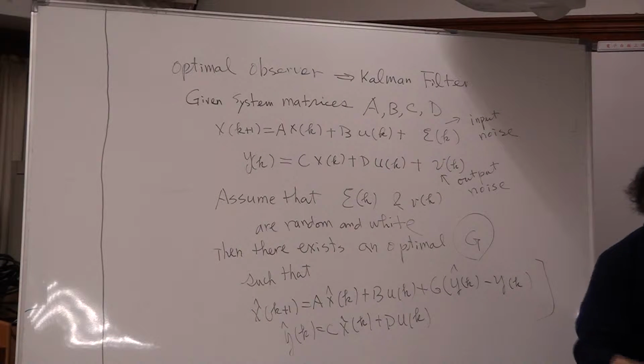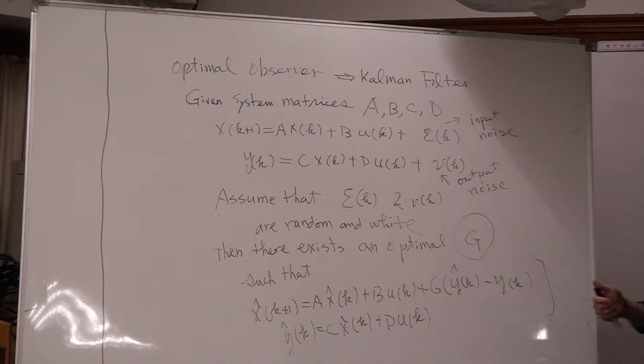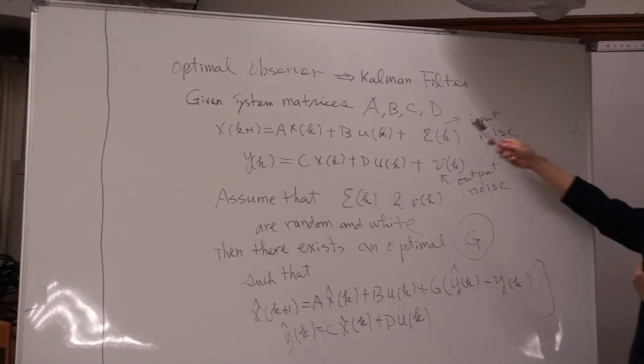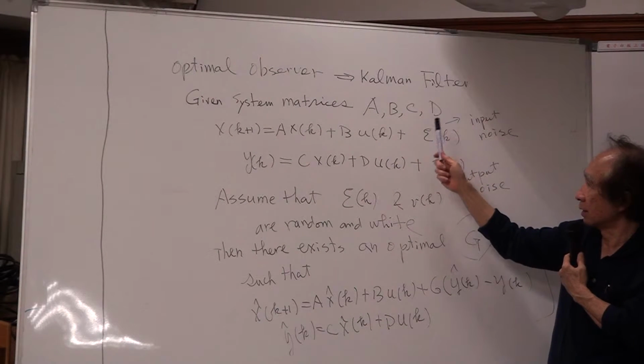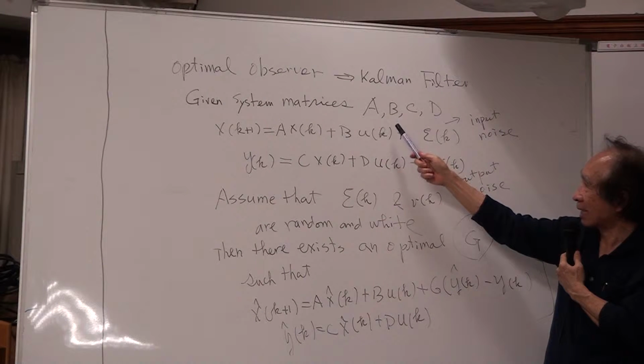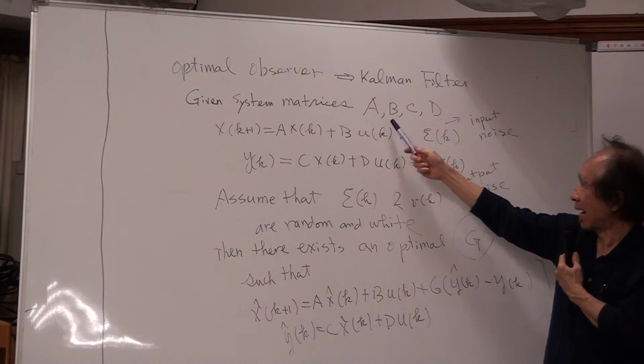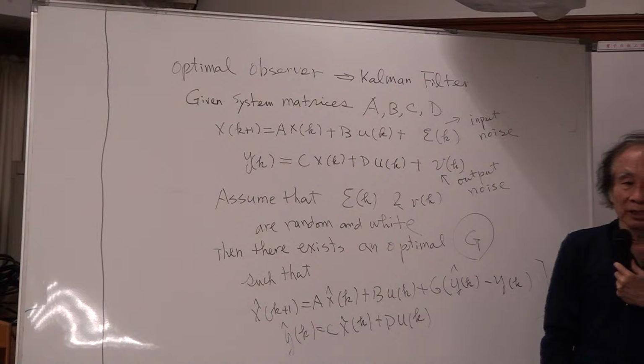All right. And so the disadvantage of the Kalman filter optimum observer is that we have to know A, B, C, D. But in practice, A, B, C, D are not really known.